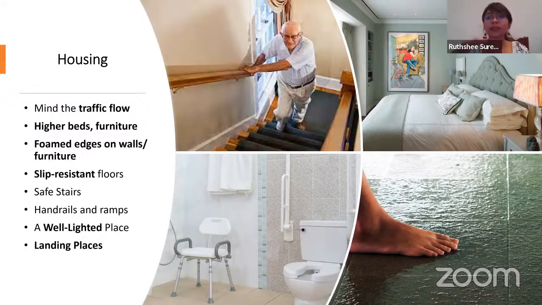So make sure that the beds are high-rise beds. Ideally, a good bed for an elderly person is one in which they're able to sit on the bed and hang their legs, and the legs almost touch the floor. Anything lower or higher than that would, of course, be difficult.